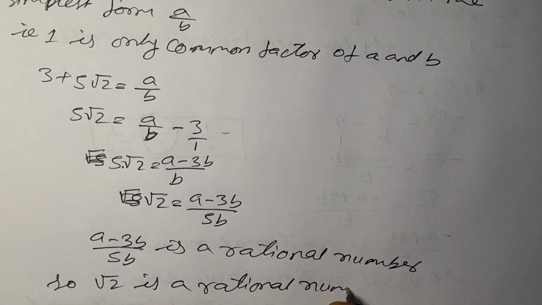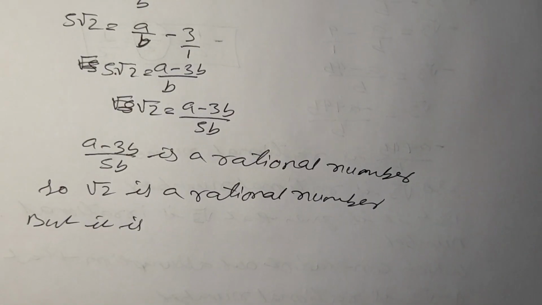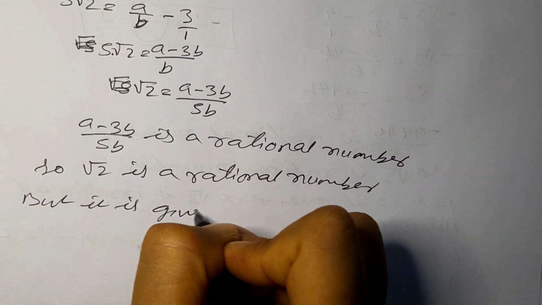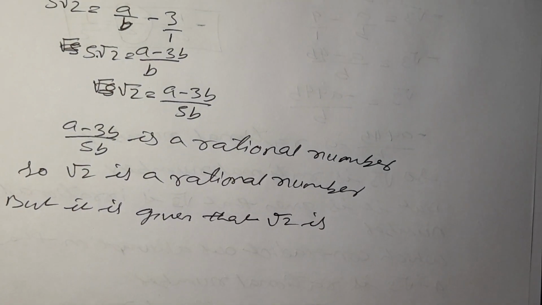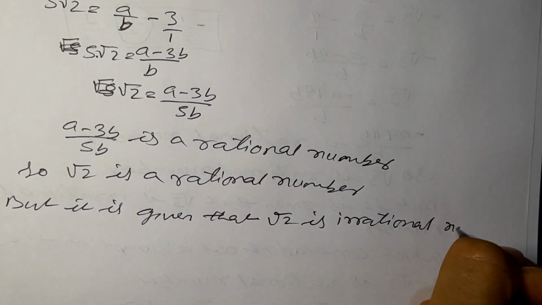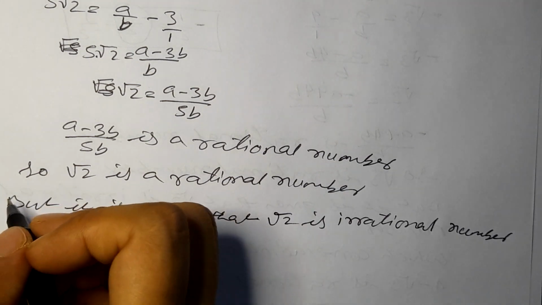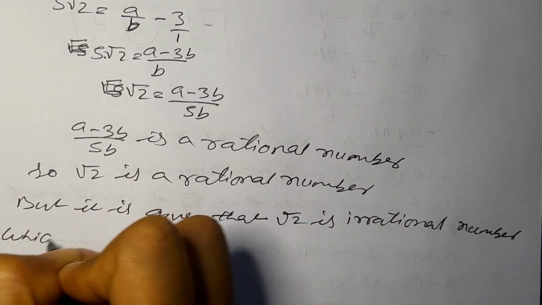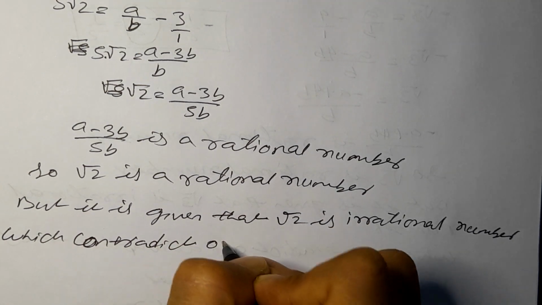But it is given that root 2 is an irrational number, which contradicts our assumption.